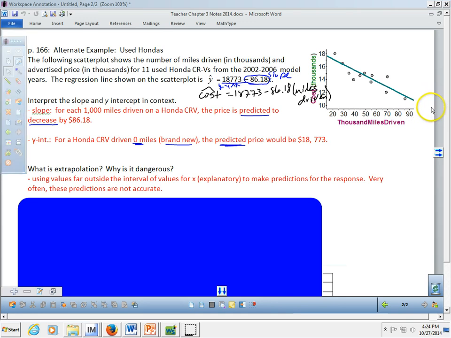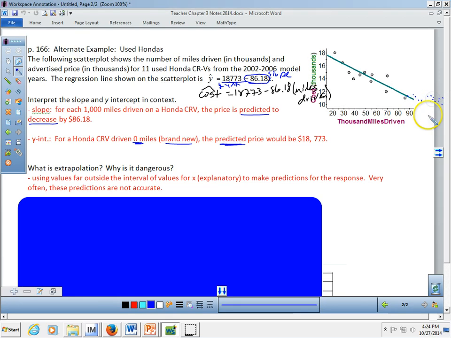150,000 miles is way outside of our data window here. So we don't know what happens here. We don't know that the dots continue to go down in this linear pattern, or it's possible that these dots sort of flatten out, right, like this, or something really crazy happens, and for some reason the price increases as the miles driven increases. Now, it doesn't make a lot of sense, and it probably doesn't do that, but it would have to, at the very least, flatten out, right?